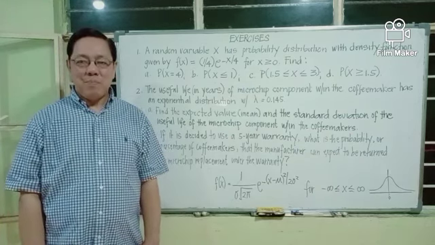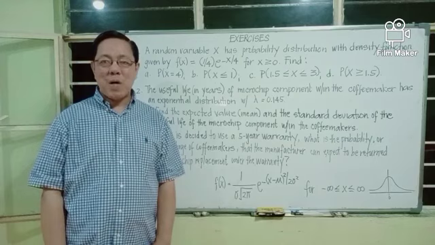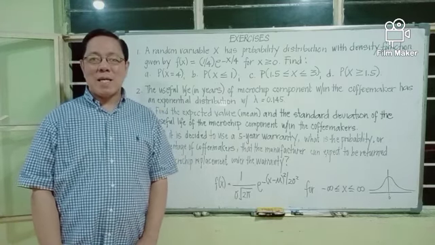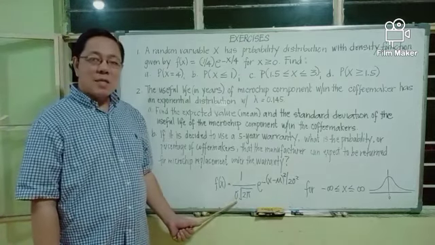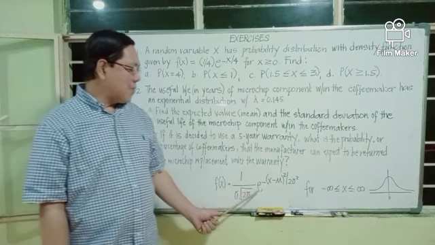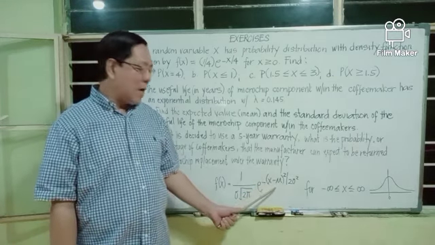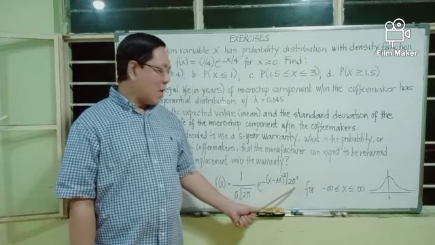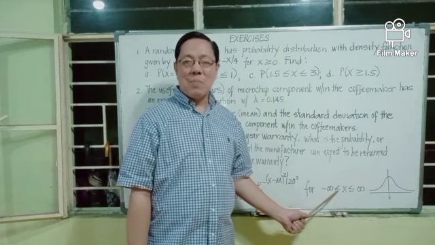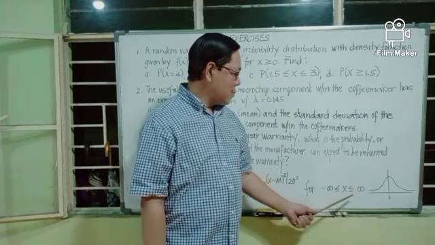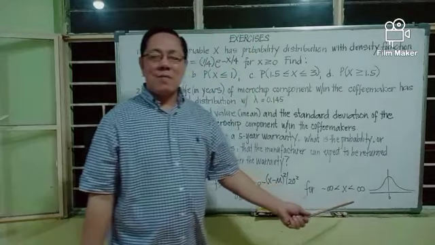Now, as additional information, the probability density function for the normal probability distribution, which we have already taken in Statistics 1, is given by f of x equals 1 over sigma times the square root of 2 pi multiplied by e to the minus the square of the difference of x minus mu all over 2 times the square of sigma, for x greater than negative infinity and less than positive infinity.